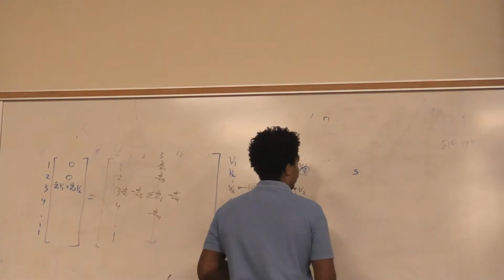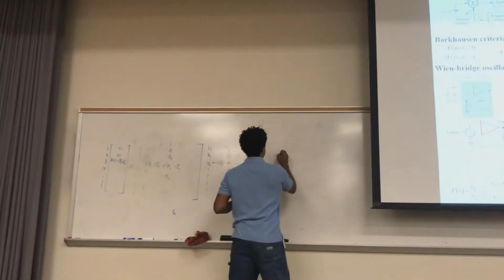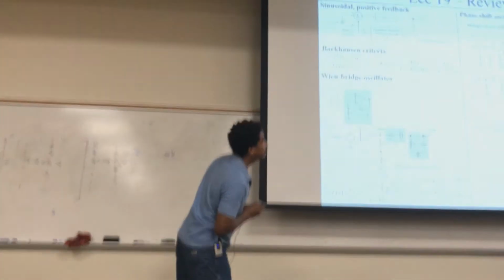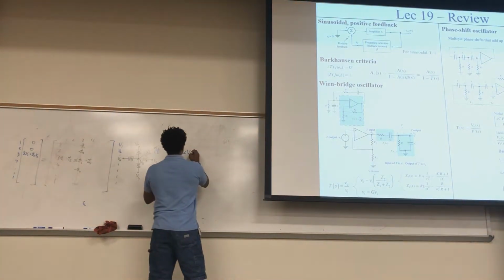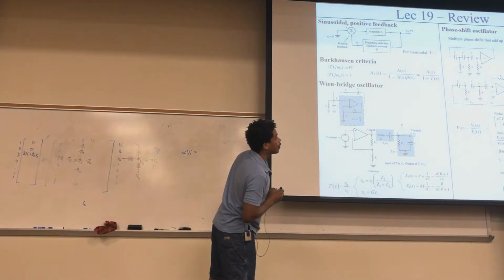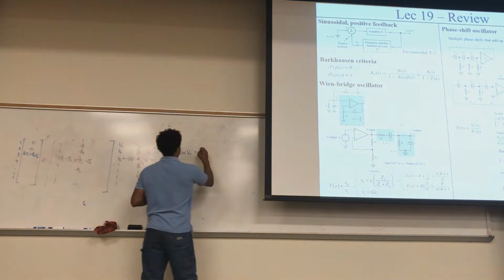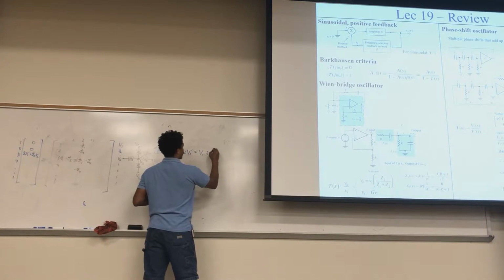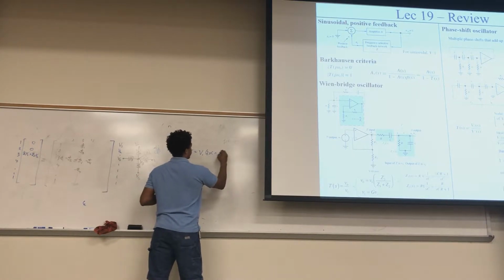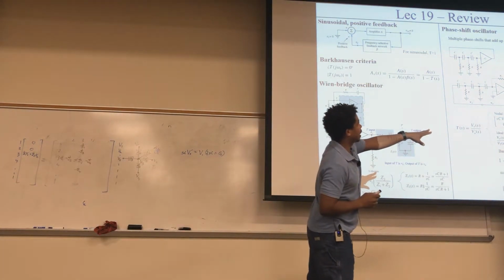Okay. So for that one, you have your SCV 0 prime, and that equals V1 times 2 SCs plus some conductance there, and then minus the SCV2.